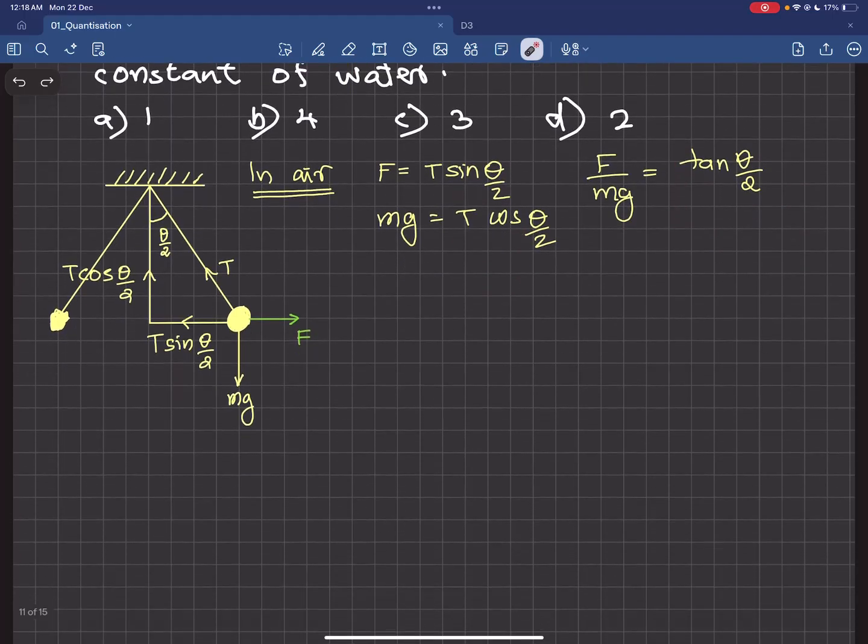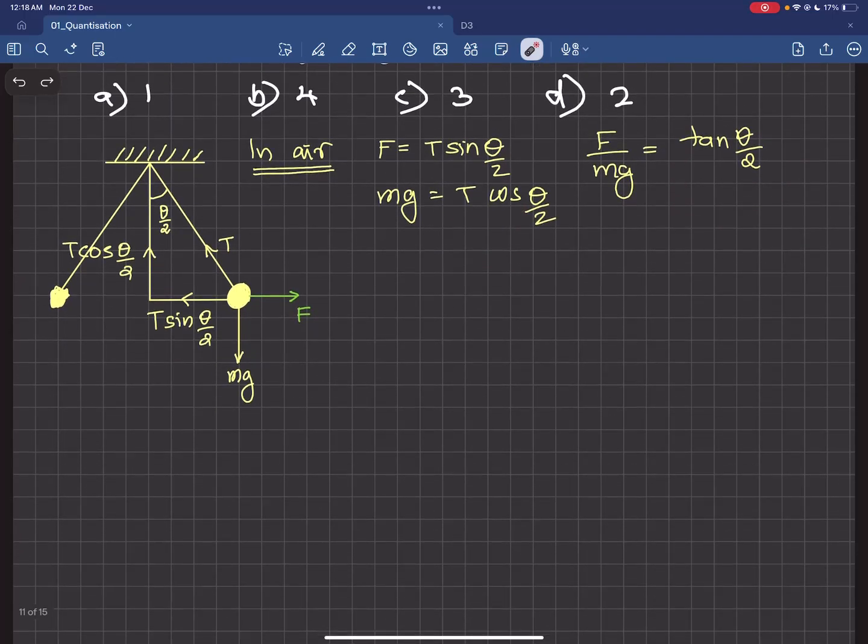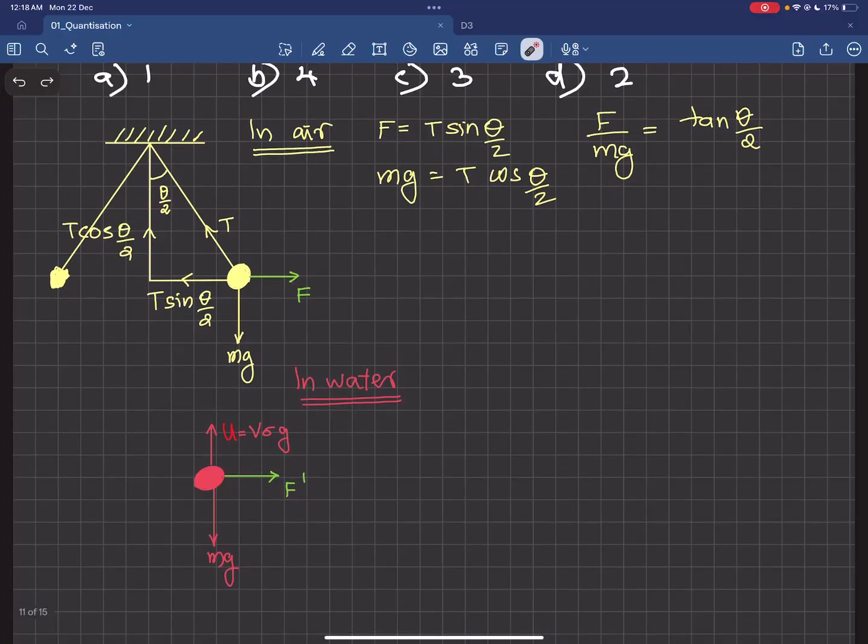The question says when we keep these two steel balls under water, the angle between the two strings remains the same, but the steel ball experiences an extra force, which is upthrust, which depends on the volume of the steel ball V, density of water sigma, and g, the acceleration due to gravity.